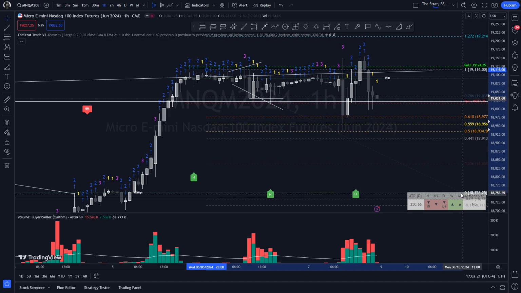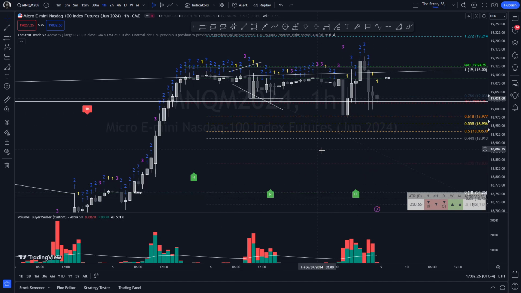You can even go like that if you want. Yeah, that's even better. I don't know if you guys know what Fibonacci is, but this is a tool that I use a lot. It's not an indicator. So basically, you have to know how to properly utilize it.